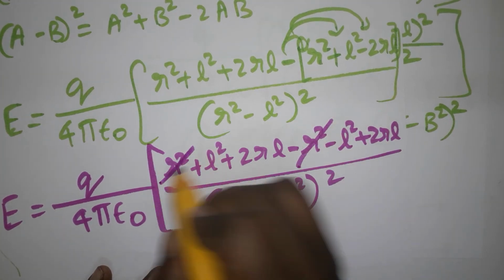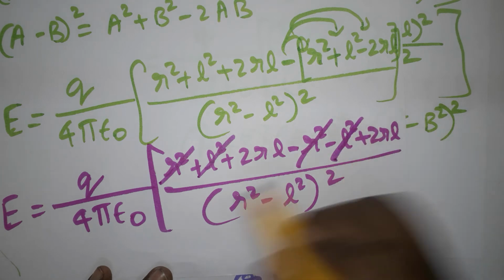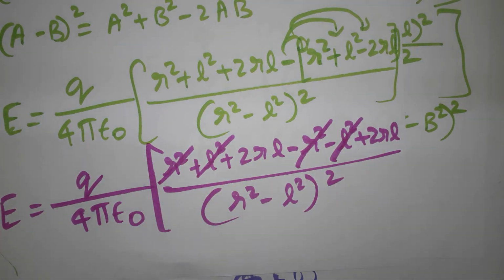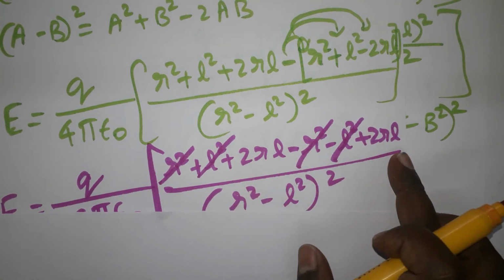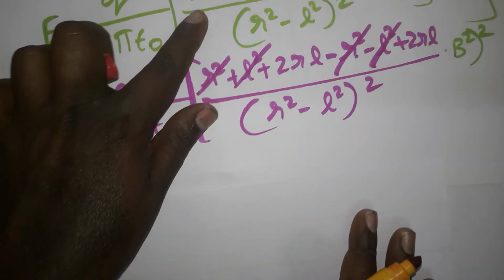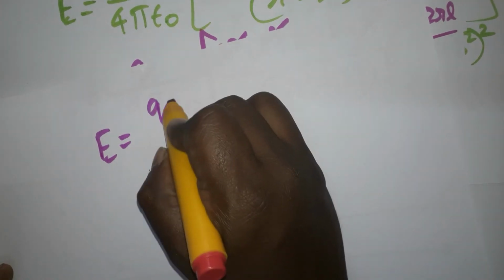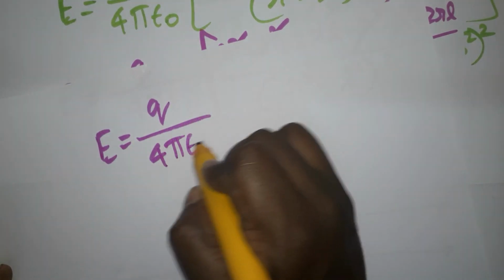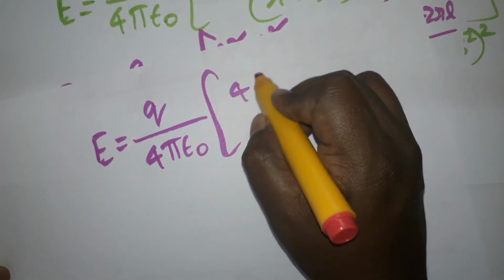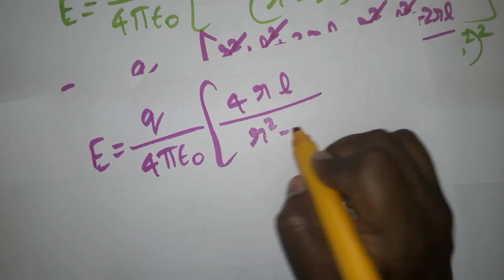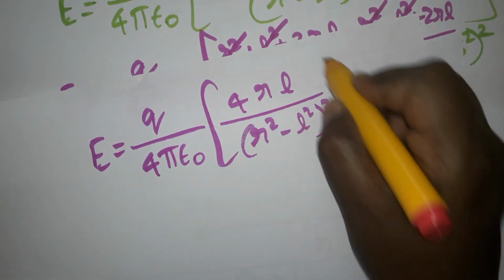R square minus R square and L square minus L square just cancel. So we get 2RL, 2RL, it is going to be 4RL, 2 times of that. E value is equal to Q divided by 4 pi epsilon naught, 4RL divided by R square minus L square whole square.